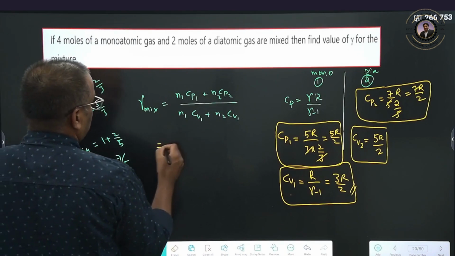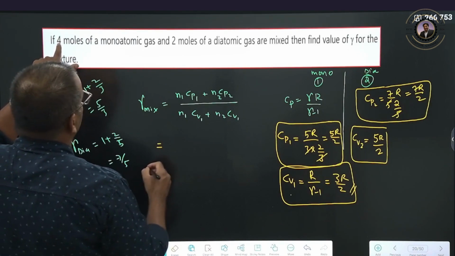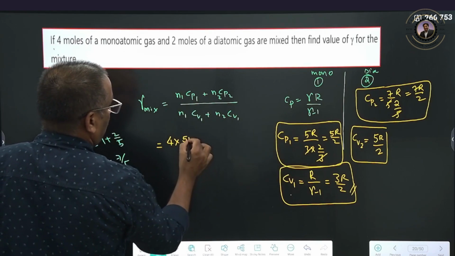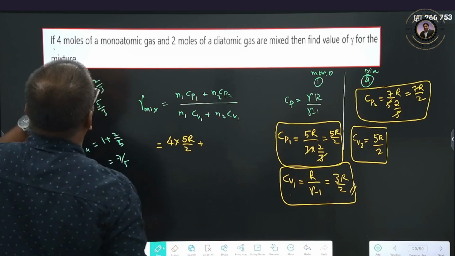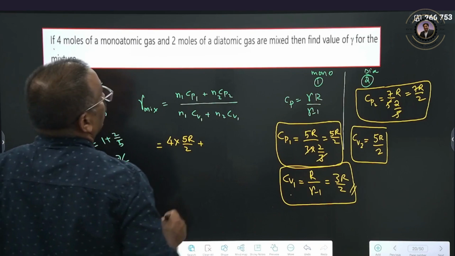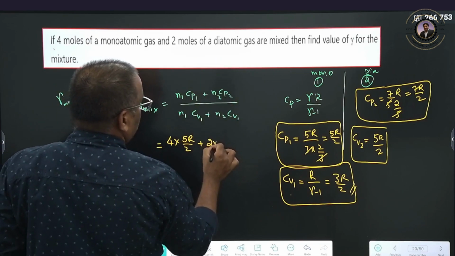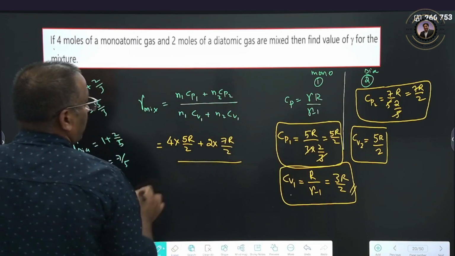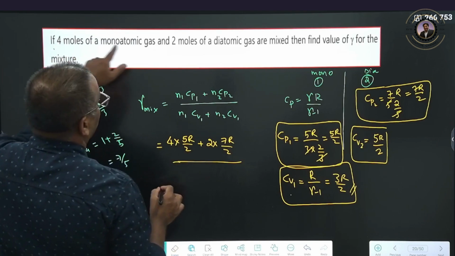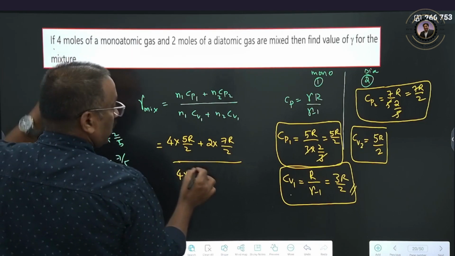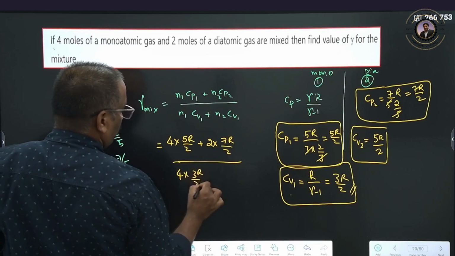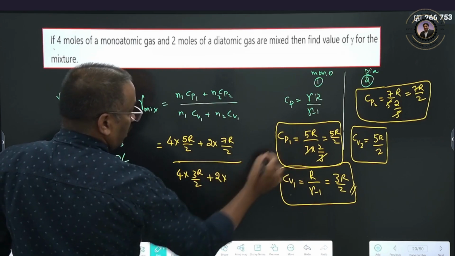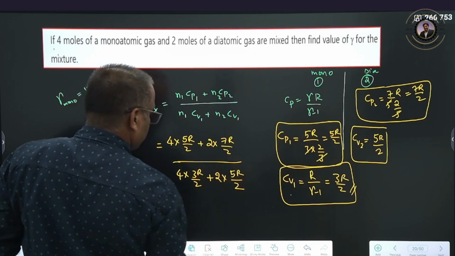Clear? So gas 1 is monoatomic, 4 moles: 4 into 5R by 2, plus N2 is diatomic, 2 into Cp2, therefore 7R by 2, divided by N1 into Cv1, 4 into 3R by 2, plus N2 which is 2 into 5R by 2. Clear?